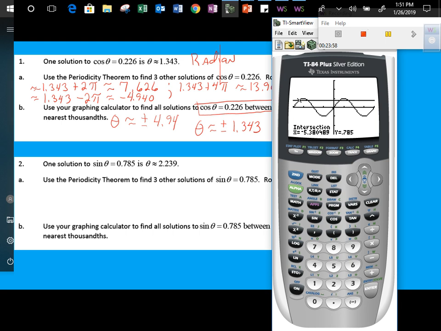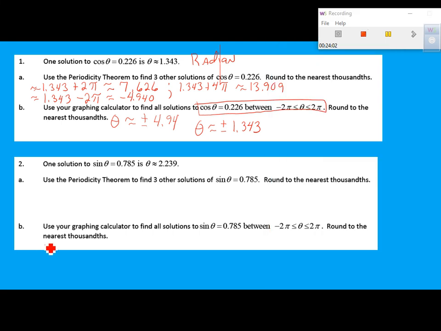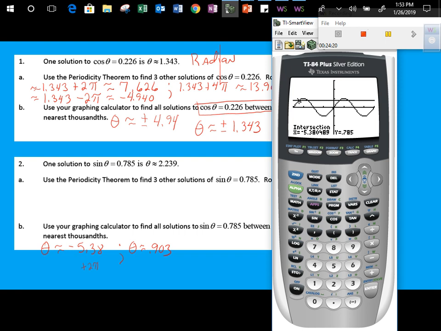I know I could get another answer by going plus 2 pi to that. And if I do that, I'm going to get theta could be about 0.903. So I've just taken care of this one and this one.